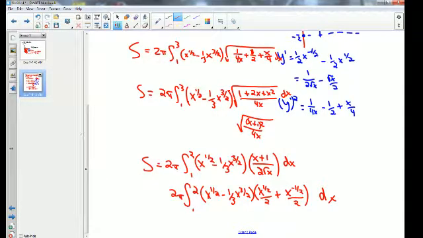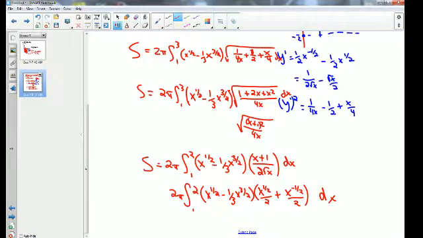Where did the 1/2 come from? Okay, this is x to the 1/2, right? So if we have x to the first over x to the 1/2, we subtract those exponents, right? So 1 minus 1/2. And then this is x to the 0, 0 minus 1/2, or you just move it up top. There you go.